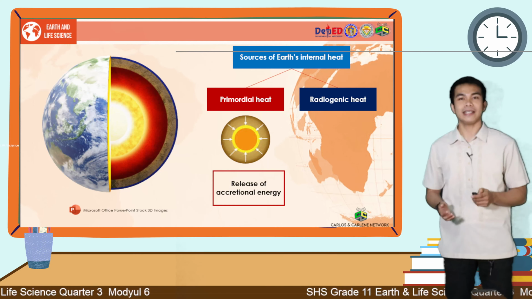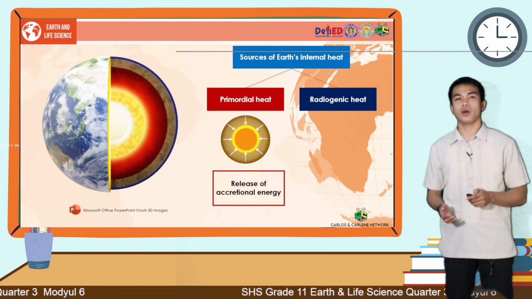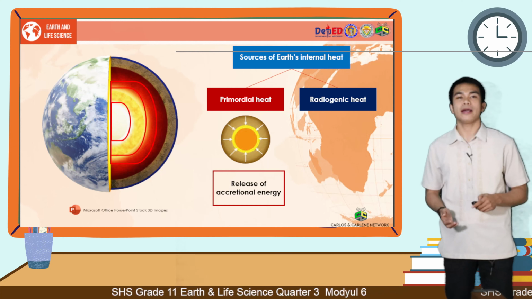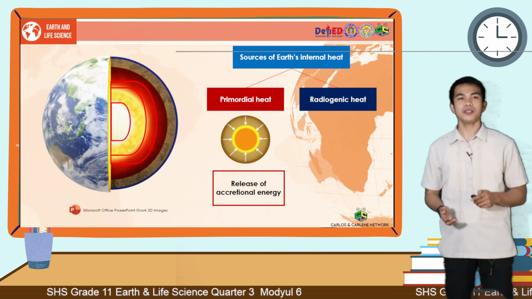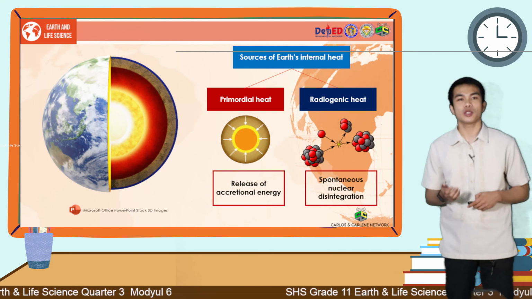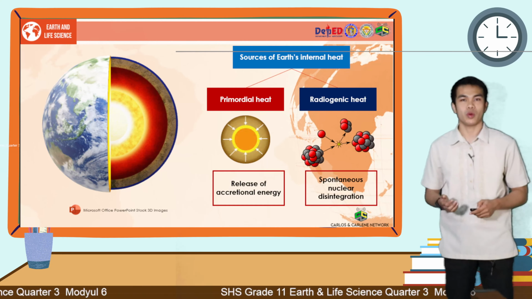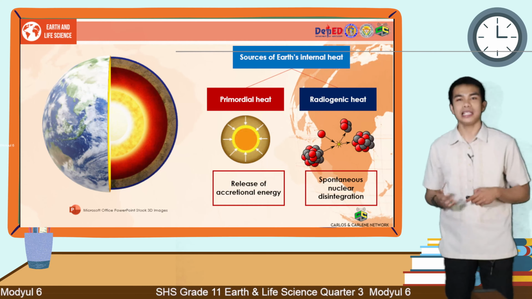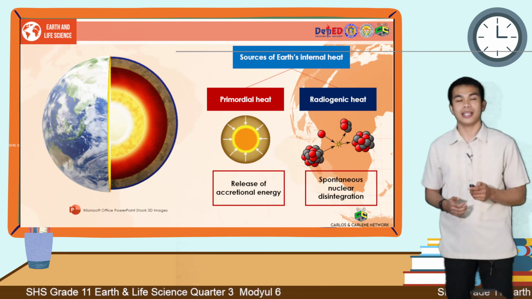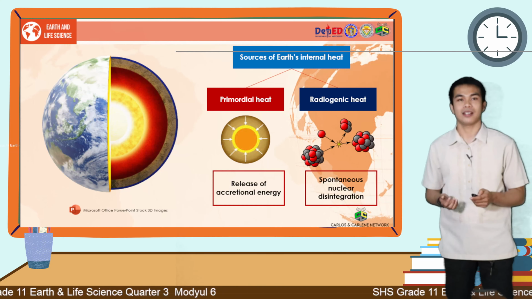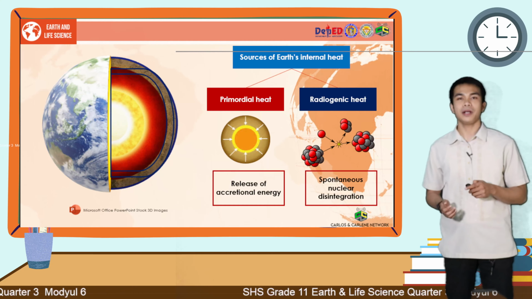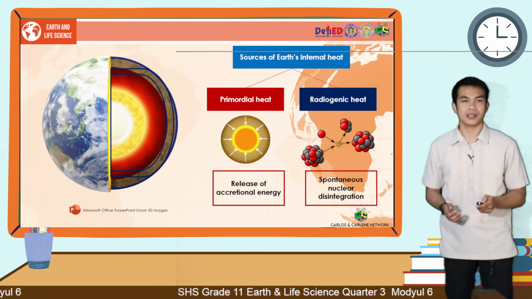So primordial heat comes mostly from the inner core, outer core, and then the lower mantle. Radiogenic heat, however, involves the spontaneous nuclear disintegration. What does it mean? It involves the radioactive decay of radioactive elements of Earth that produce heat. This happens mostly in the upper mantle and then the crust of the Earth.